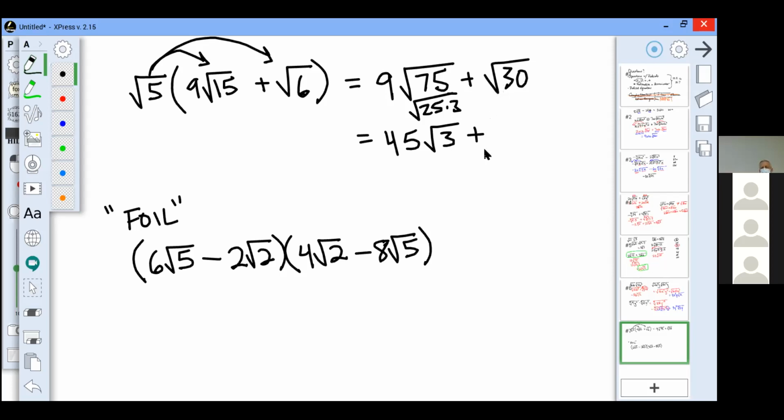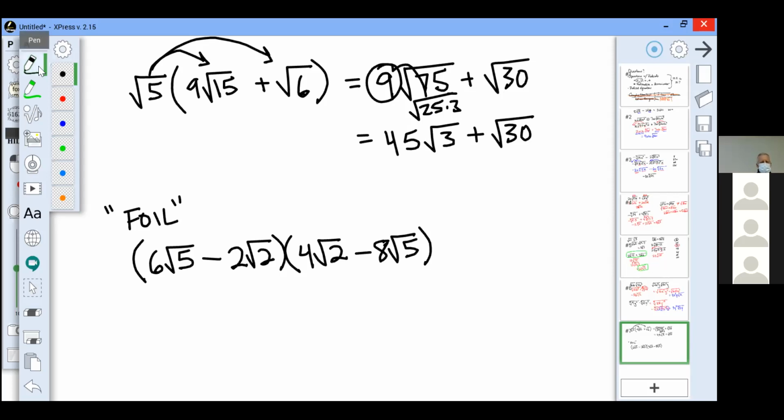And I can't change it to radical 10 and radical 3 and pull a 10 out because that just doesn't work that way. So that's it. You can only simplify the square root of 75 by taking the square root of 25 out and then multiply it to the 9. Like I said, it's an exercise in working with radicals and simplifying radicals. Nothing more. Okay, I'll call a spade a spade.